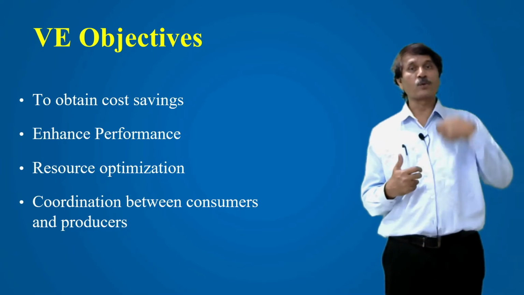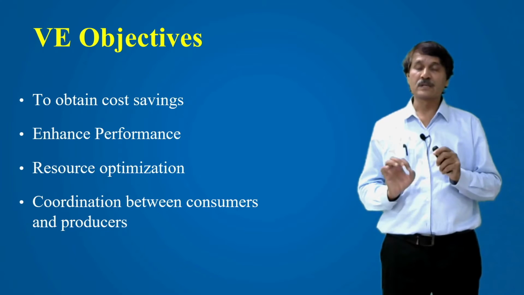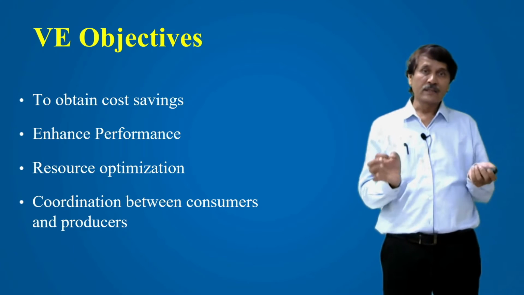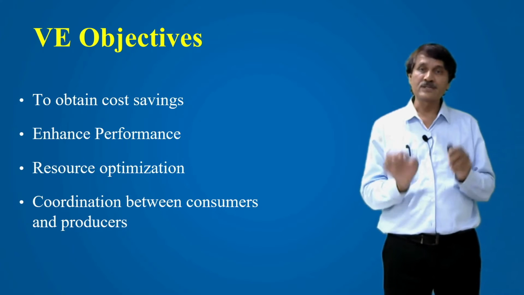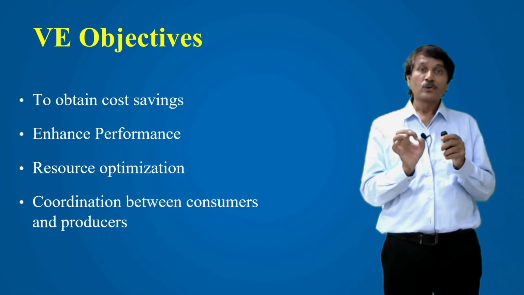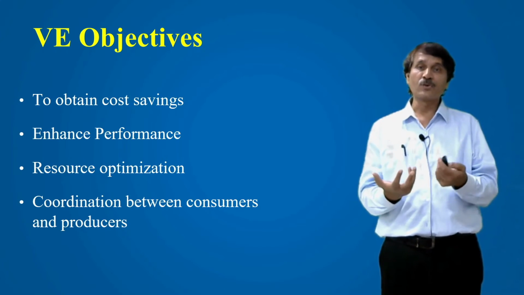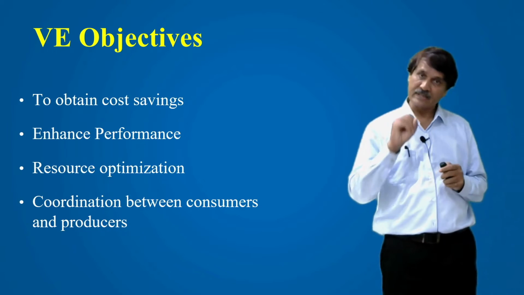For fulfilling the requirement of the consumer, you should know what the customer wants. You have to add all these features, all the required characteristics in your product, so that the consumer is going to purchase your product to get his needs fulfilled, and therefore the coordination between consumers and producers is necessary.